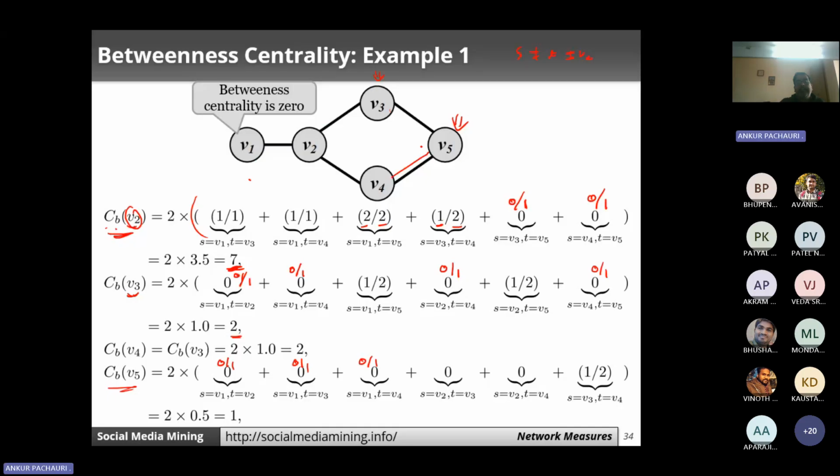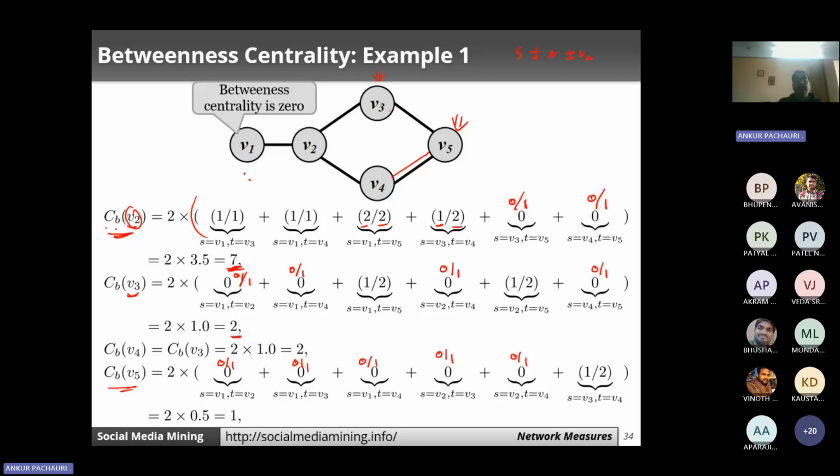Then V1 to V5, if my target is V5, I cannot check. So V1 to V2, V1 to V3, V1 to V4 I have checked. Now V2. So V2 to V3, 0 by 1. V2 to V4, 0 by 1. So I'm done. I cannot take V2 to V5 because of this condition.